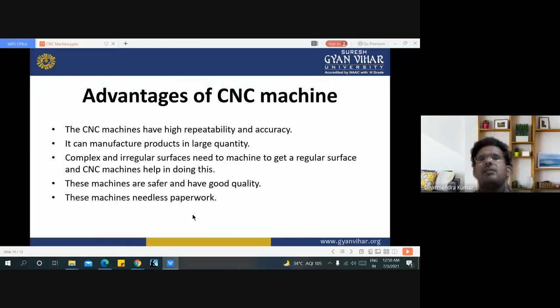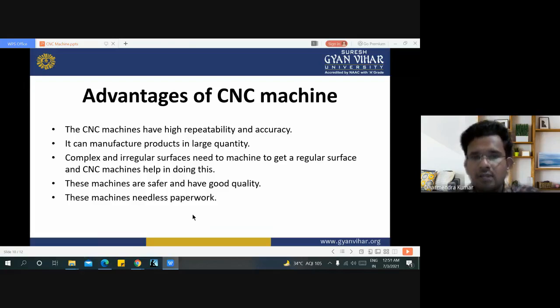Here are the various advantages of CNC machine. CNC machines have high repeatability and accuracy, meaning we can increase our rate of production with better surface finish and better quality. It can manufacture products in large quantity, because CNC is an automation process, so we can produce a large quantity of product at the same time or by continuous use of this machine.